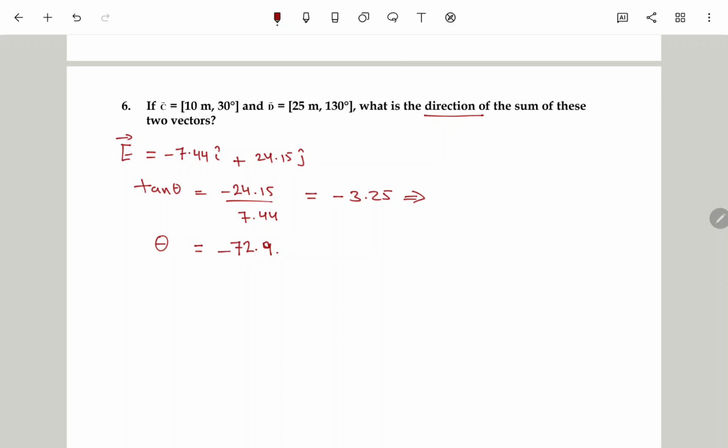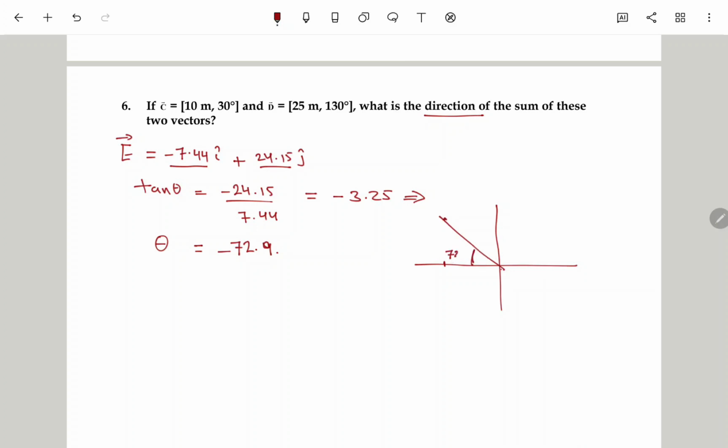Now, if we look at vector E, it's negative in the x-axis and positive in the y-axis. Let's just have a quick sketch here. It's negative in the x-axis and positive in the y-axis. So this is angle theta that we just found here.